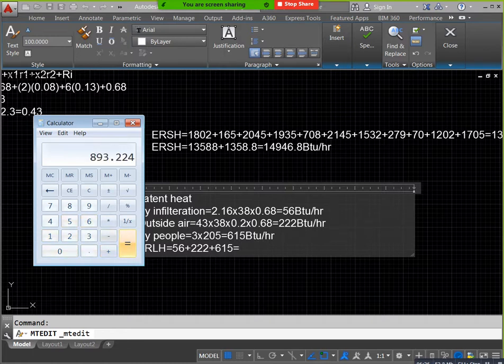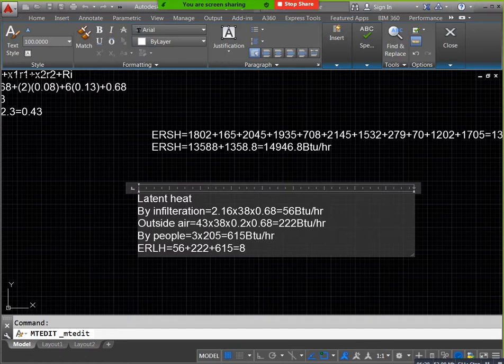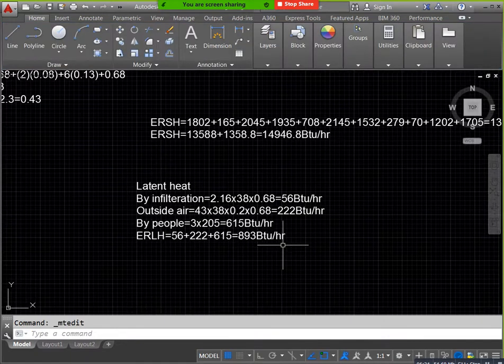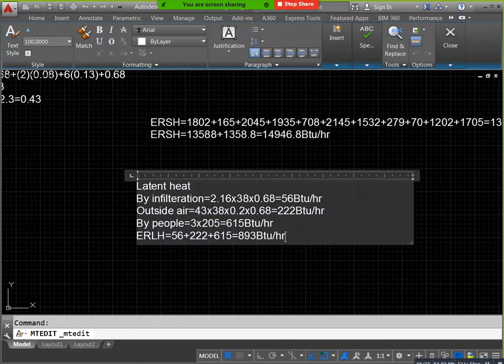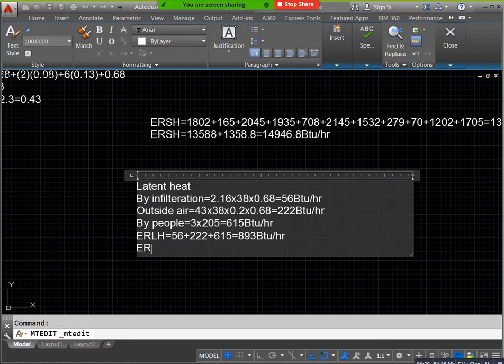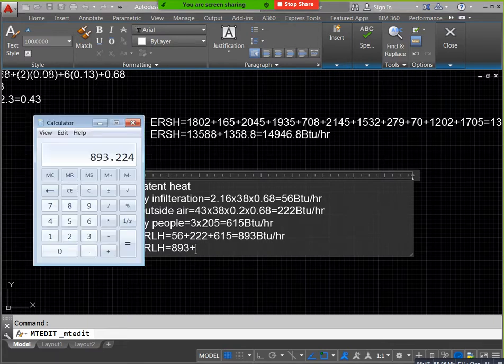Next, in this condition we need to add 5%. Again you can mention ERLH is equal to 5%. I am adding 893 plus 5%, which means you can mention 893 into 5 divided by 100. You can see 44.6.